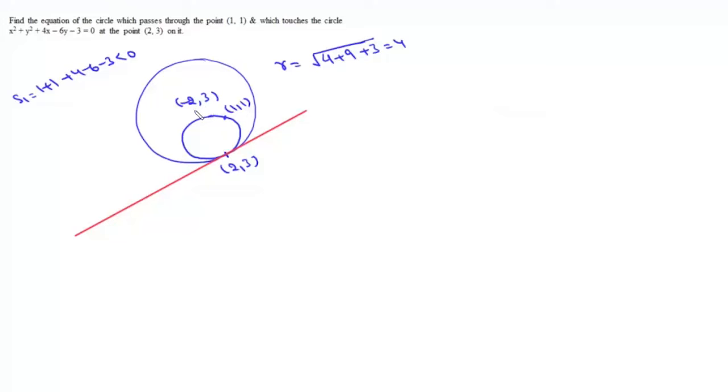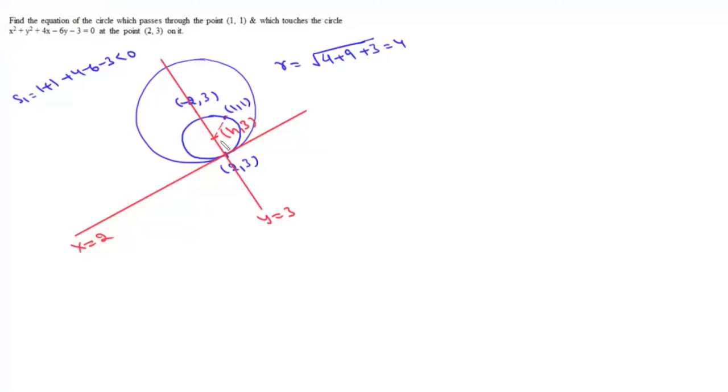Now as we can see, y coordinate is same for these 2 points. So if we join them, that means this is a line parallel to x-axis. So this line will be y equals 3, and here this line will be parallel to y-axis. So center of the circle will lie at some h comma 3.